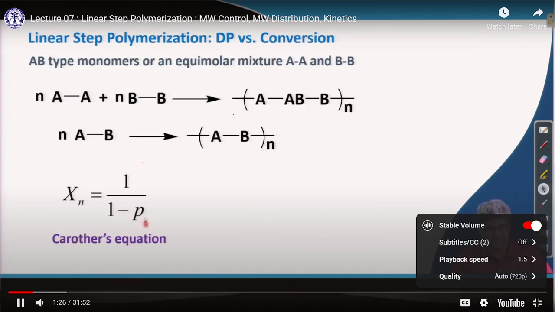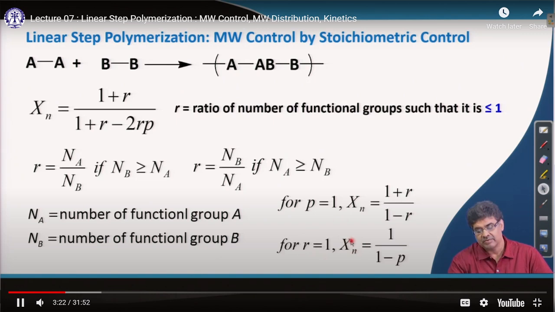Here this is the Carothers expression we have already explained: Xn is equal to 1 upon (1 - p), if it is equimolar. If it is not equimolar, then you need to find the bigger value here.